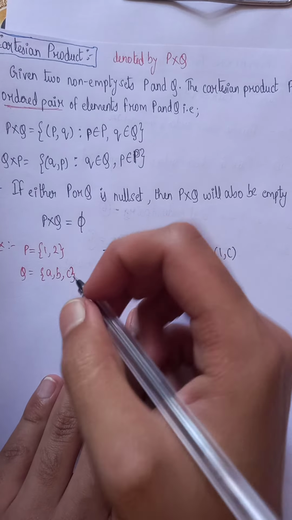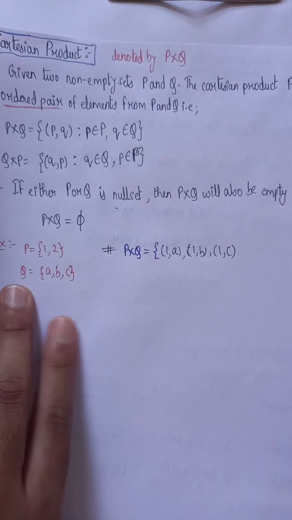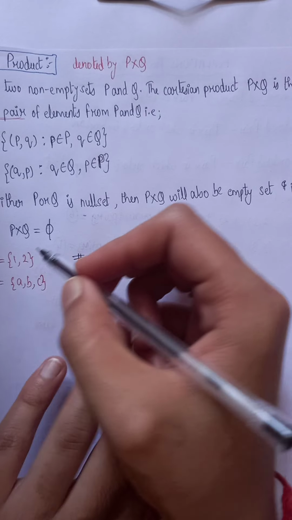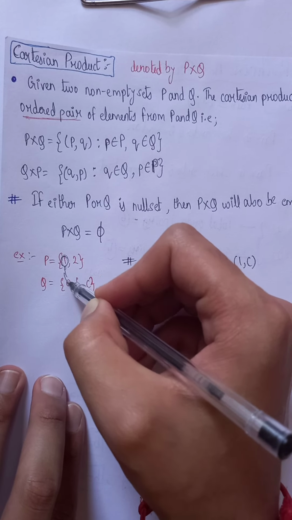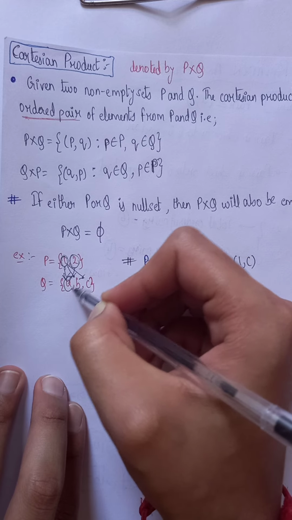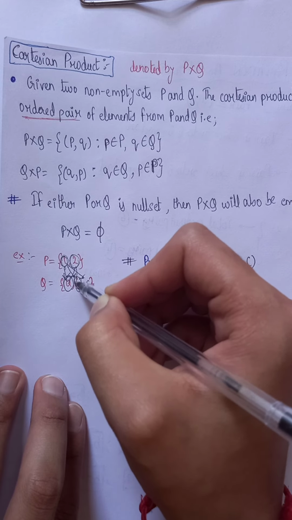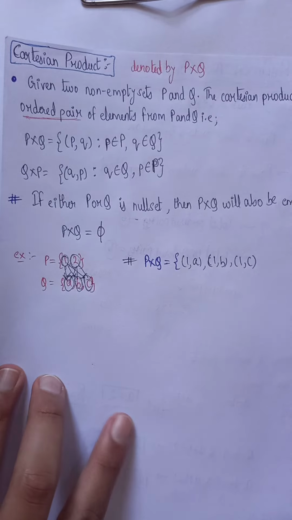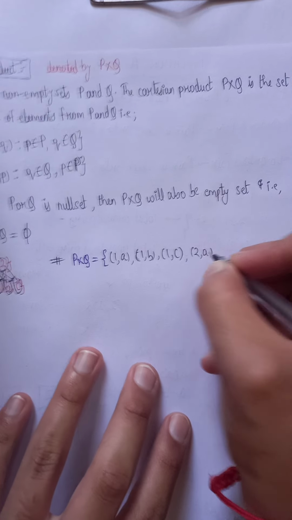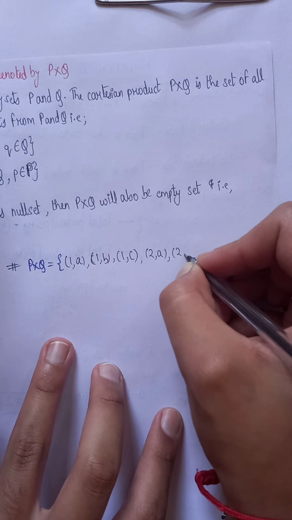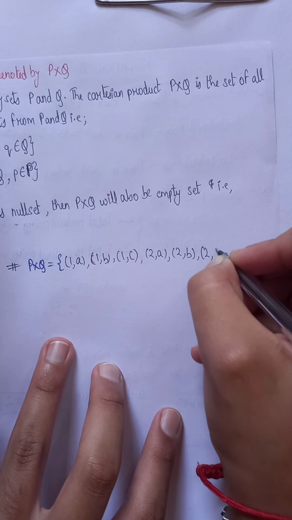Now with 2: 2 comma a, 2 comma b, 2 comma c.